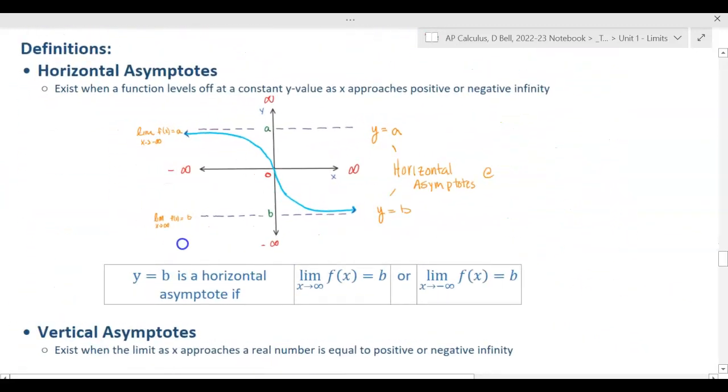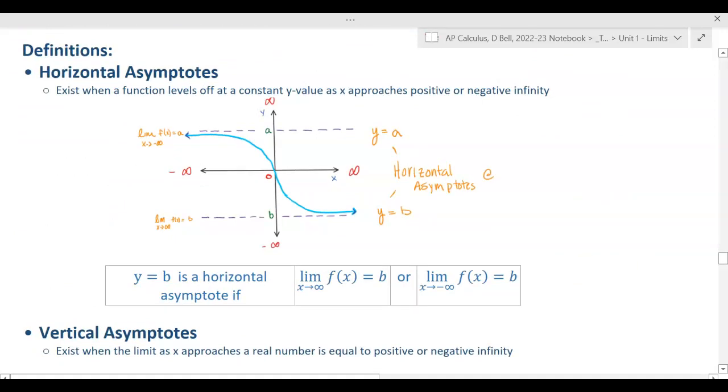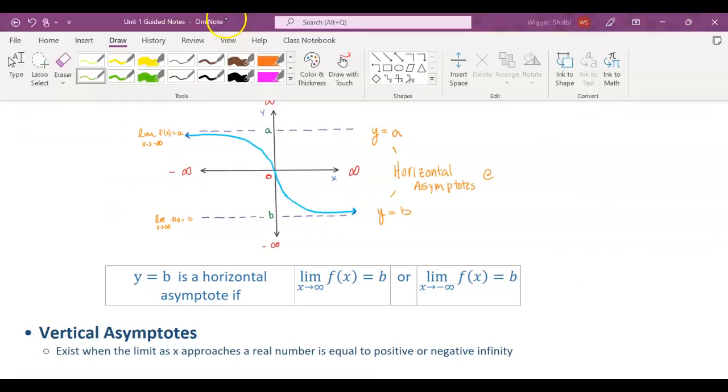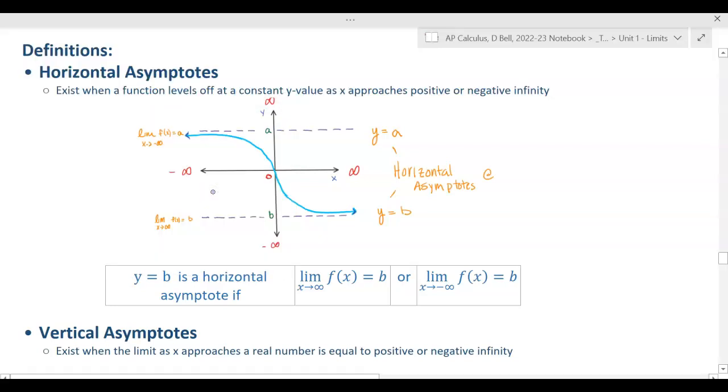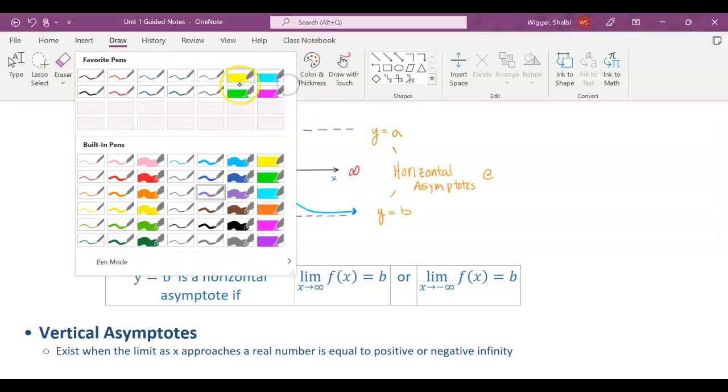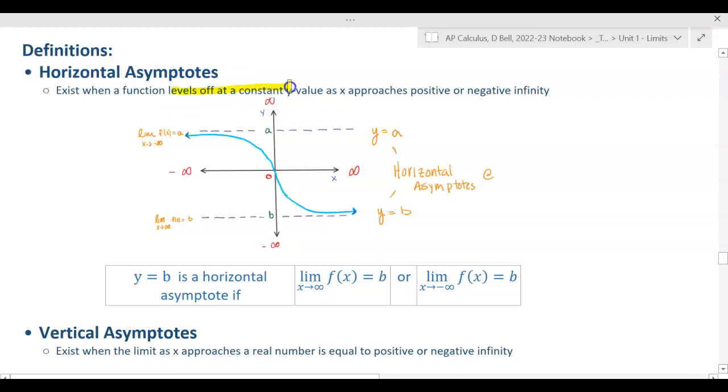Okay, vertical and horizontal asymptotes based on the limit definition. So you need to know the limit definition of vertical and horizontal asymptotes, not just what they look like. So horizontal asymptotes exist when a function levels off at a constant y value as x approaches positive or negative infinity.